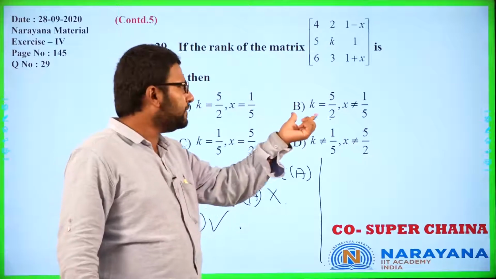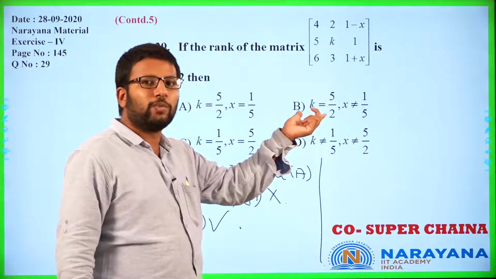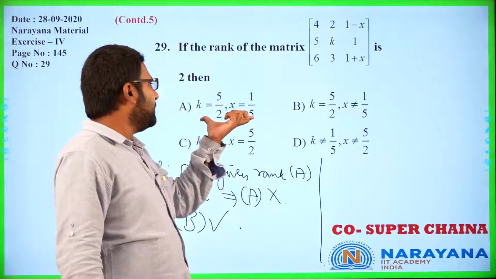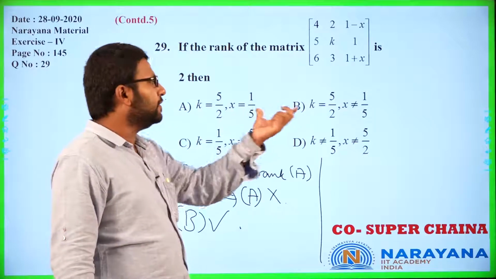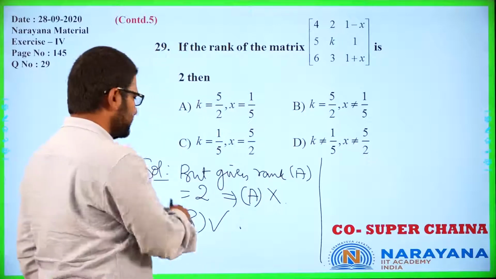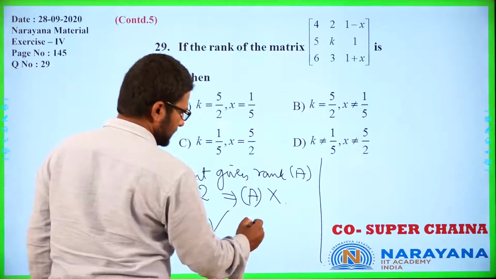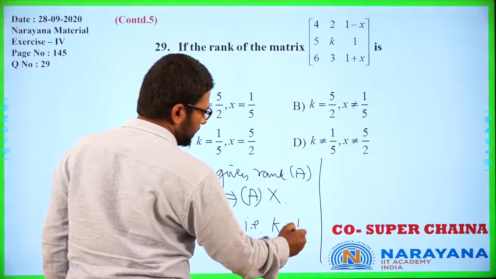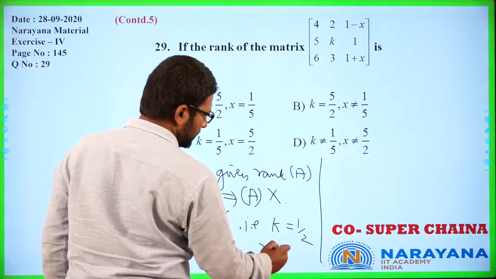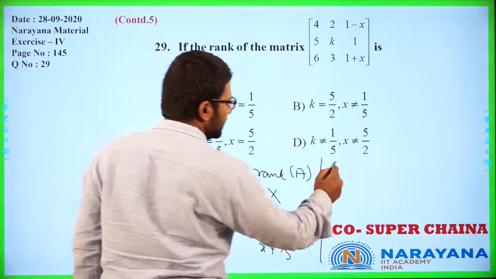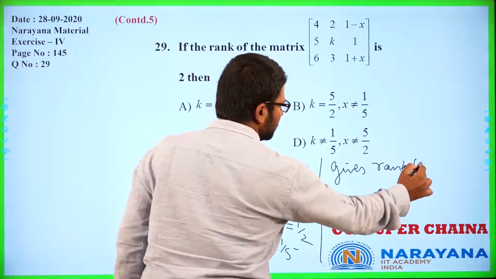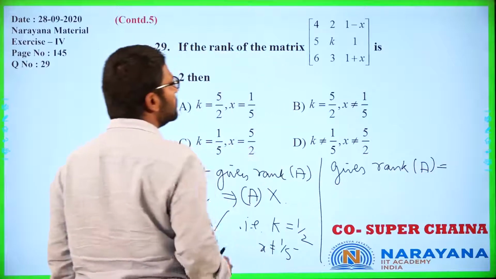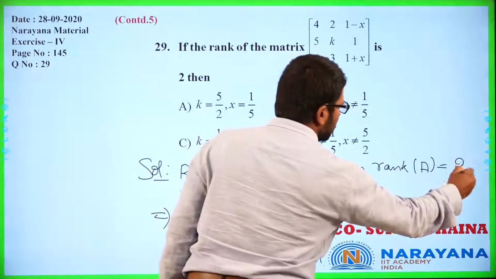Rank could be, if option B is correct, then rank could be 2 or 1, but we have seen that only when option A is correct, then rank is 1, which means only option B is correct, right? That is k equal to 5 by 2, x is not equal to 1 by 5 gives rank of A to be equal to 2.